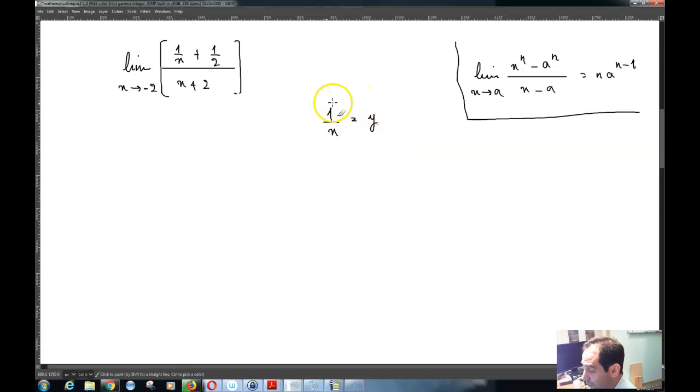Then the numerator becomes y plus 1/2, and over here x would be 1 over y, or y raised to the power negative 1.